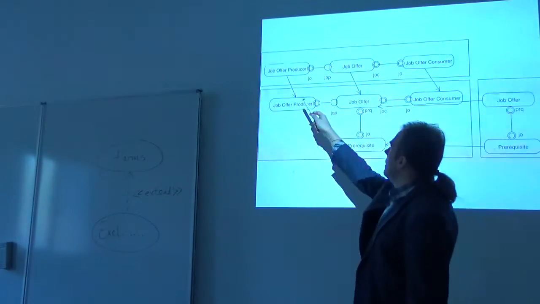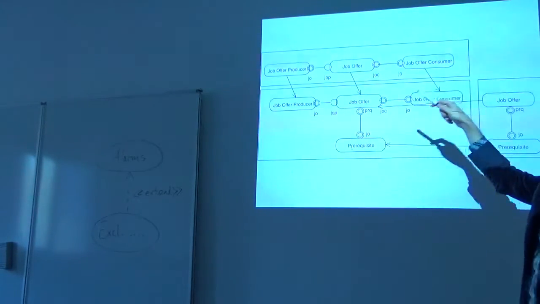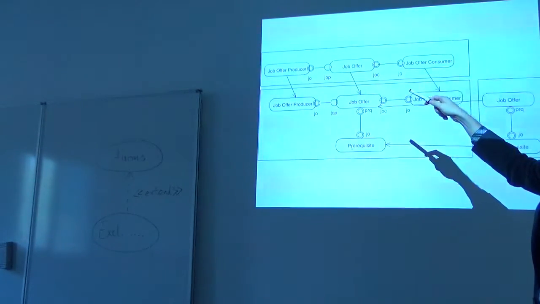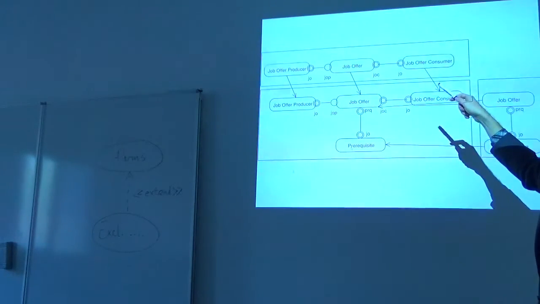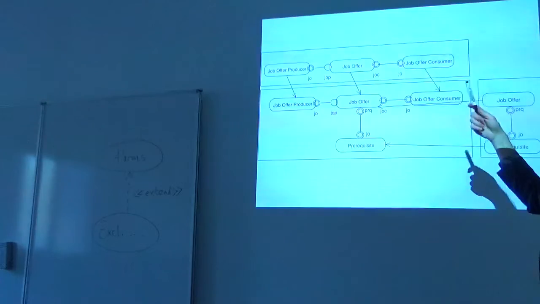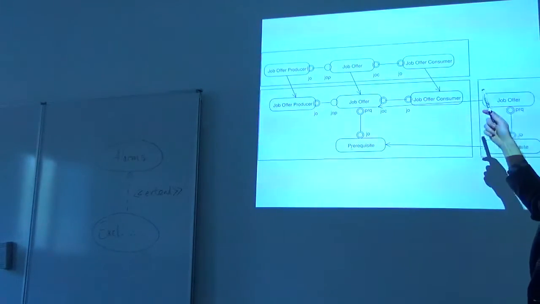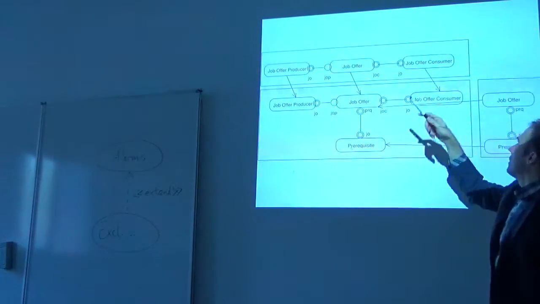So the upper perspective gives us this frame that defines some kind of job offer producing thing. There is a job offer producer, a job offer, and a job offer consumer.